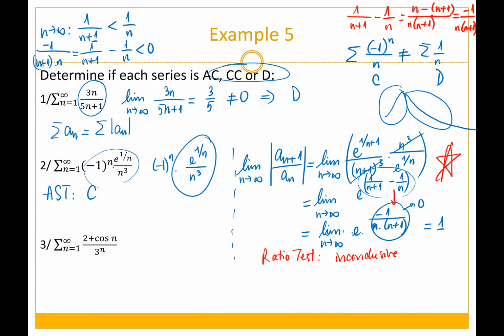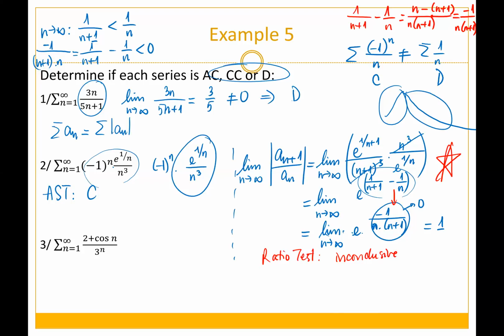So from here to here, I just did this replacement. And if you look at the trend as n goes to infinity, the entire fraction goes to 0. So e to the 0 is going to be 1. That is the limit that you find using the ratio test, and it is equal to 1, so it's inconclusive.